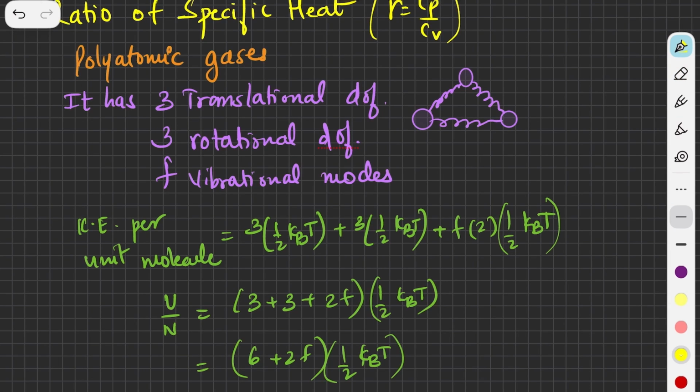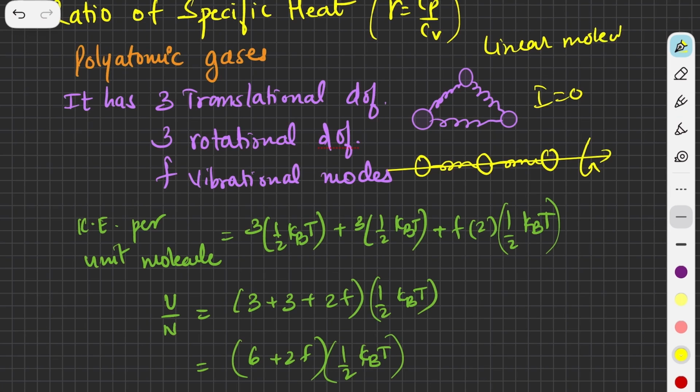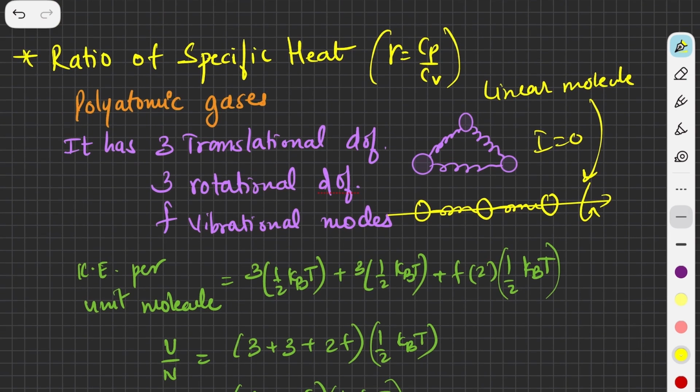Let's say this is one atom, this is another atom, and this is the third atom, and this whole yellow thing is a polyatomic molecule. Now if you rotate this molecule around this axis, the moment of inertia goes to 0, and these molecules are called linear molecules.